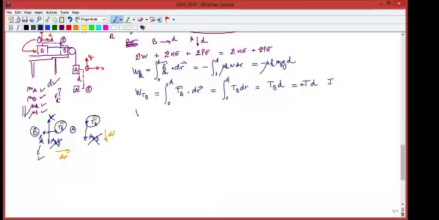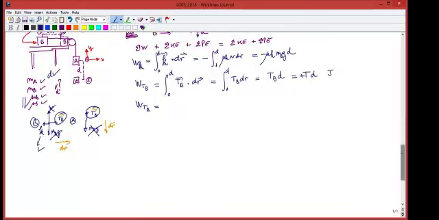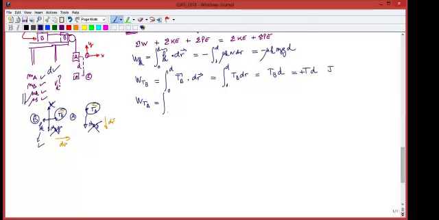Let's identify the work done by the tension acting on A. Let's follow the same recipe. 0 to d, this time is vector TA dot dr. Now look at your free body diagram. What is the relationship between vector T acting on A and the displacement dr of object A?